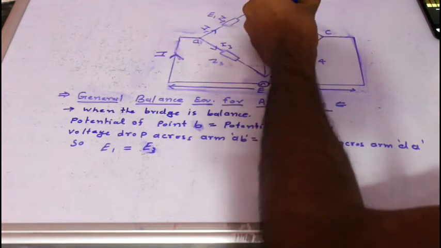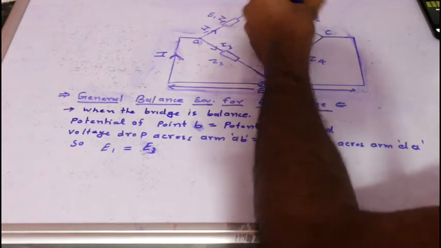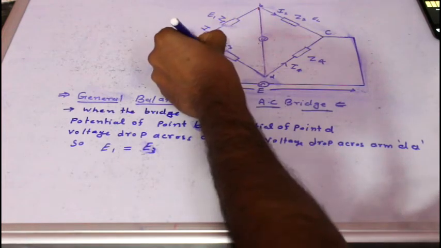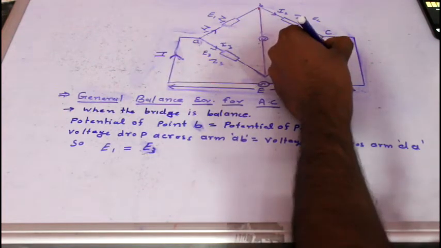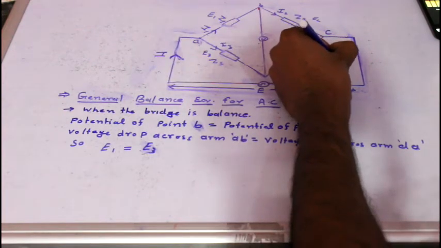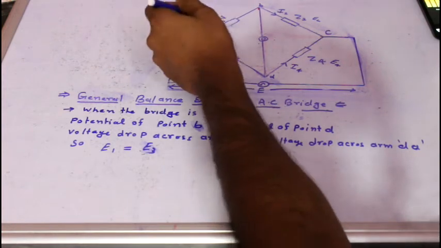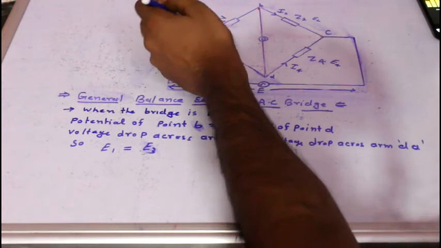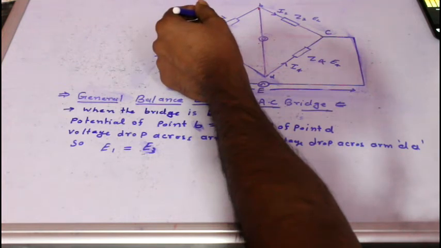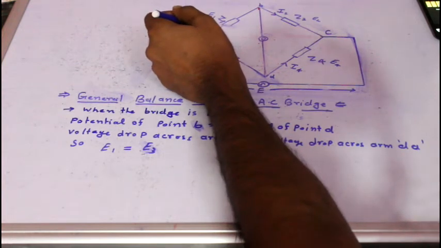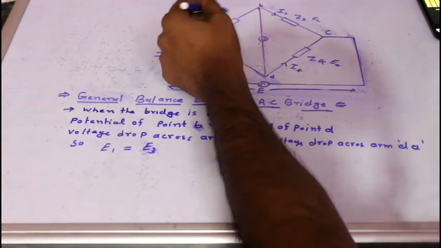Now E1, E2, E3 and E4. E1 is the voltage drop across the impedance Z1 and I1 is the current flowing through it.